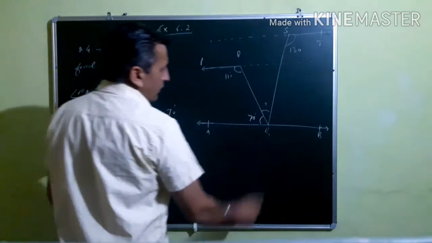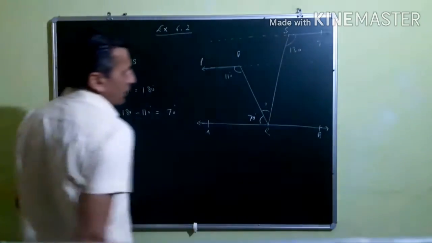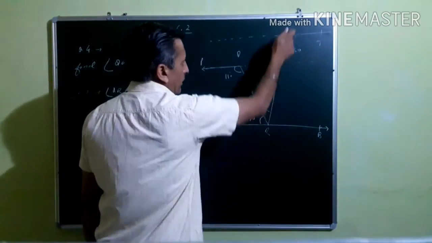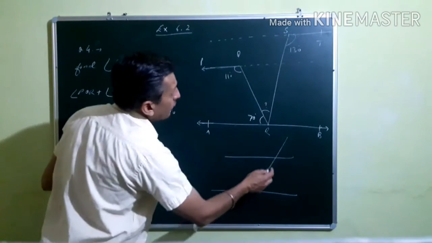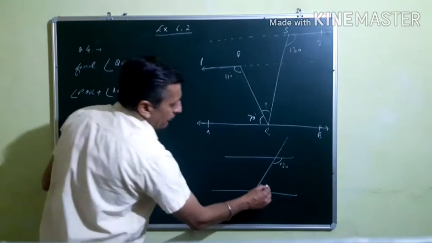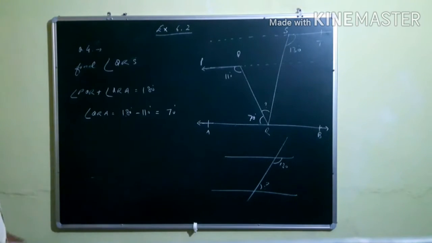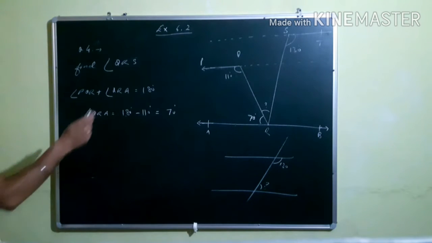Then after this I'm going to find this one. Once again, this line is parallel to this one, and if these two lines are parallel, this is your transversal. If it is 130 degrees, and we have to find this, the sum of these two is 180 degrees, because both are co-interior angles.